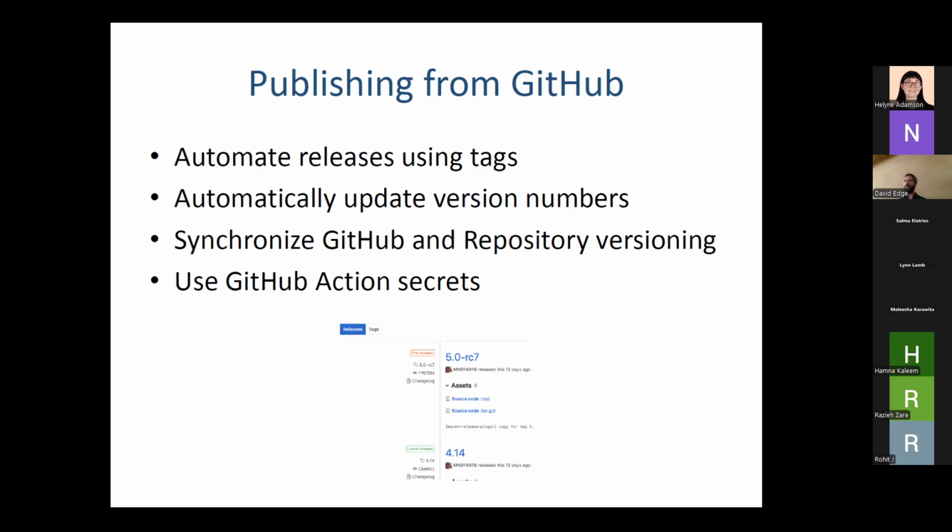Docker, for example, you can use secrets to push a container that you've built in GitHub to a Docker hub. There are many other examples of places that you might want to introduce secrets, but this is a convenient way to keep your GitHub version of your package aligned with other sources.